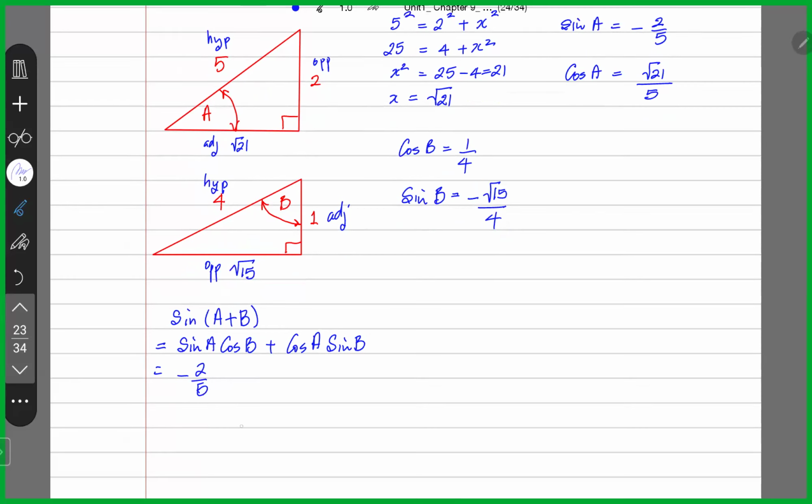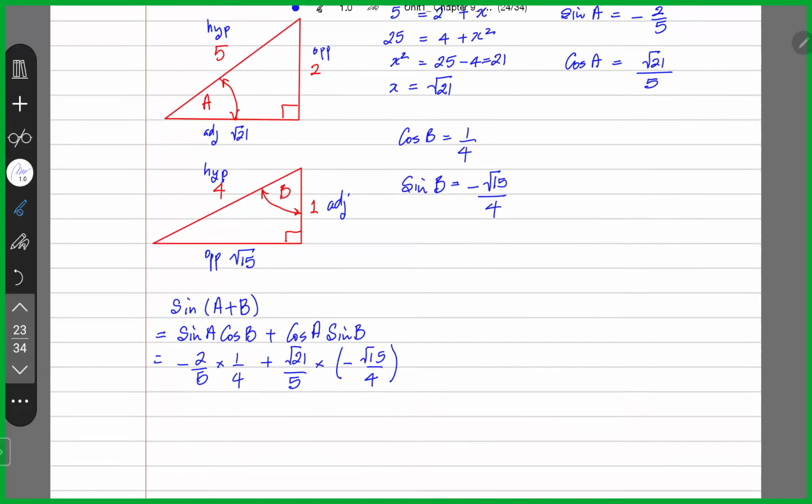The cosine of B is a quarter, plus the cosine of A is root 21 over 5 times the sine of B, which is minus root 15 over 4.